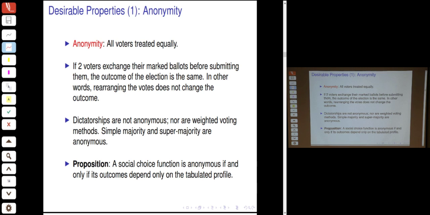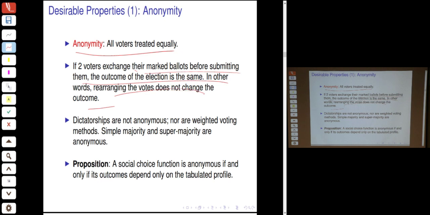So the first of these desirable properties is anonymity. All voters have to be treated equally. In other words, if two voters exchange their marked ballots before submitting them, then the outcome of the election is the same.